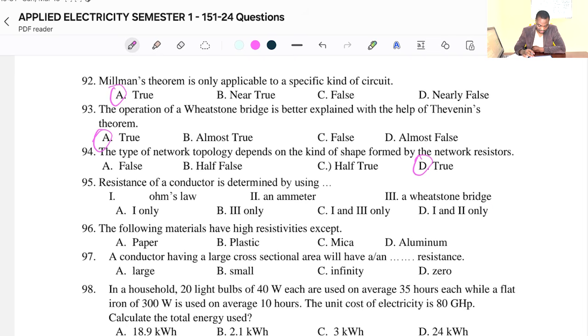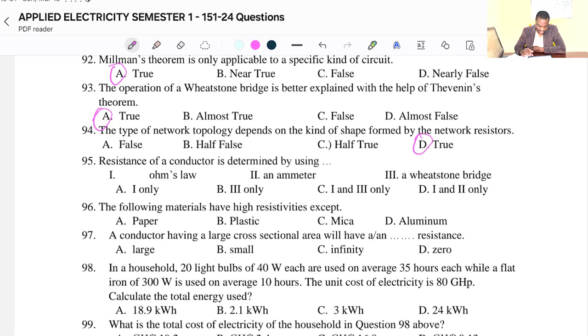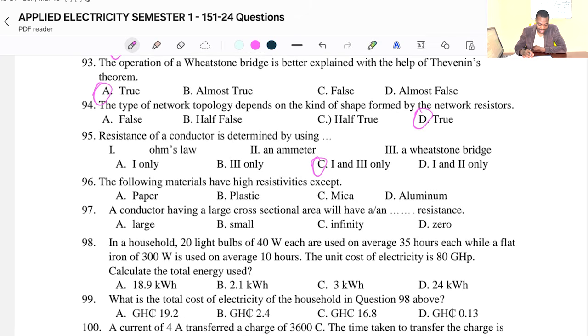95. Resistance of a conductor is determined by using: I, Ohm's law; II, an ammeter; III, a Wheatstone bridge. So here we can use Ohm's law and a Wheatstone bridge to find the resistance of a conductor. So the answer here becomes C, meaning I and II only. Question 96.